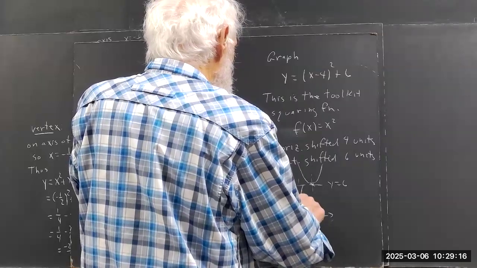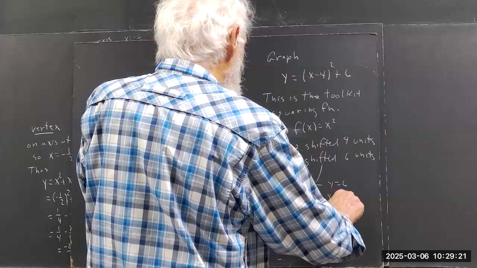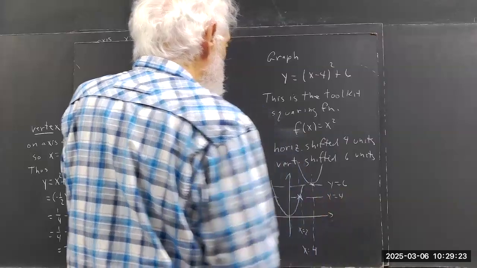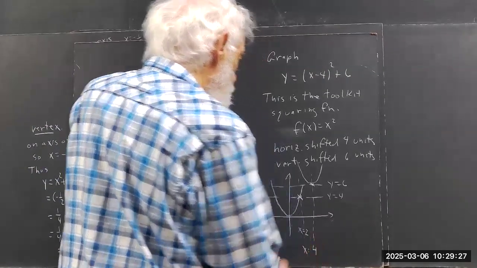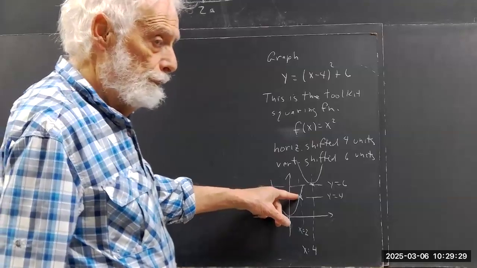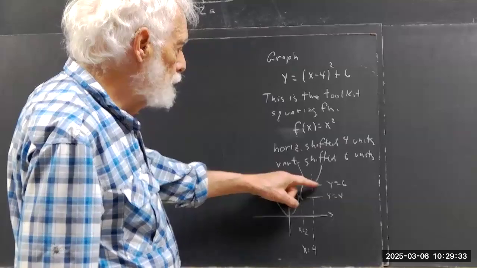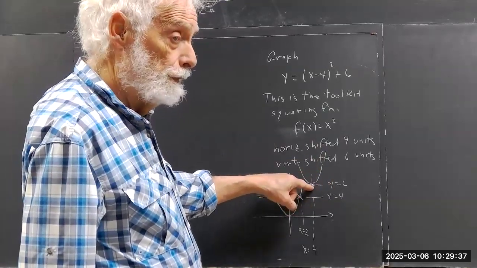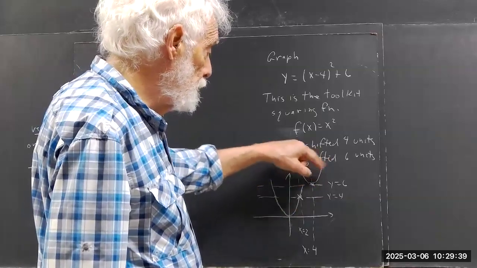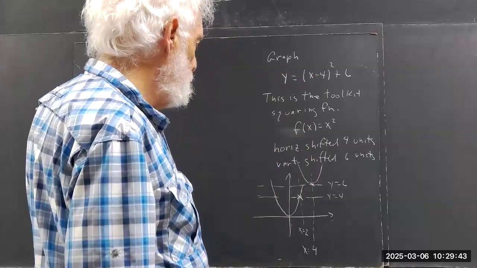And we know at x equals 2 that y equals 4. So we know we have the point 2, 4 on the toolkit function. That means if we go over 2 units and up 4 units from this vertex, we're going to get a point on this graph.